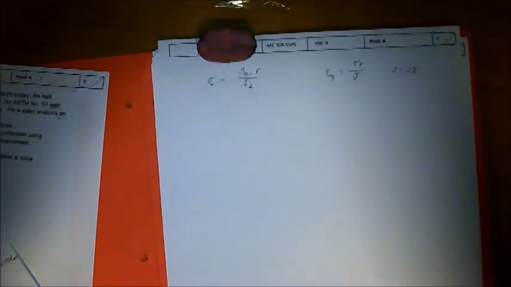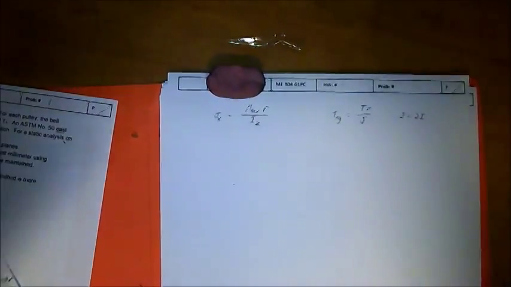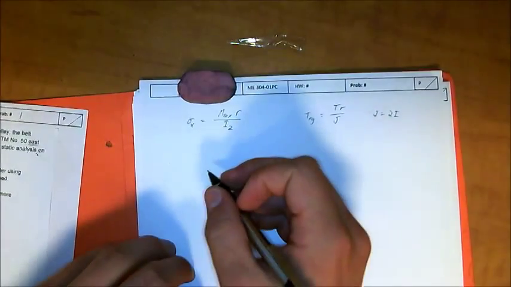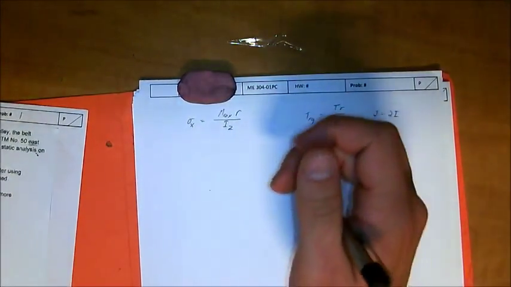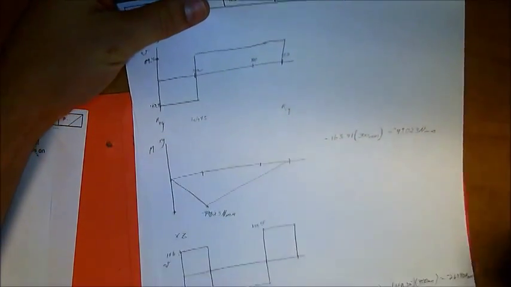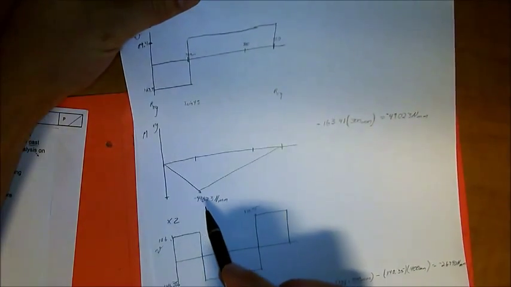Alright, so sigma x. We know from our shear moment diagrams right here, we've got a negative 49 Newton millimeters, then we've got a 31 and a negative 26. So out of these moments, we know that negative 49.23 is the maximum moment.